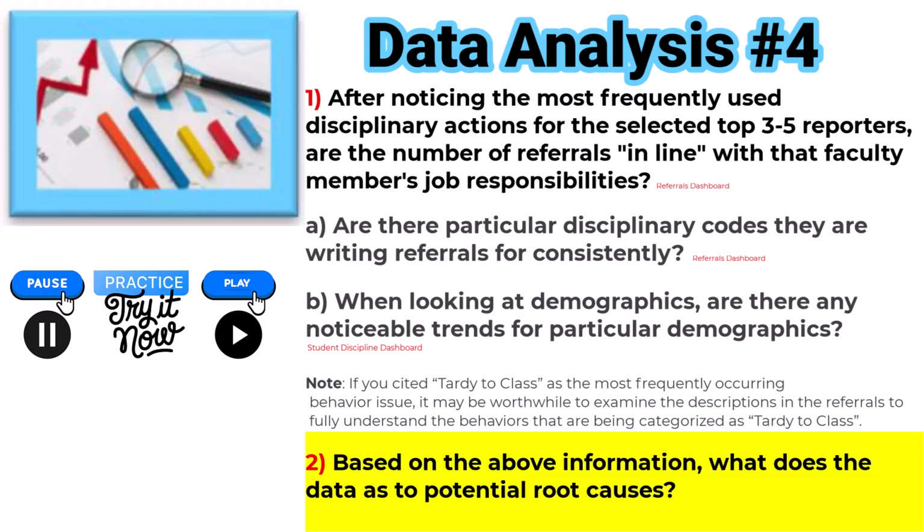Question 2. Based on the above information, what does the data reveal as to potential root causes? Remember, when conducting a root cause analysis to identify possible causes of unwanted student behavior, it is important to ensure Tier 1 instruction and supports for desired behavior are in place.